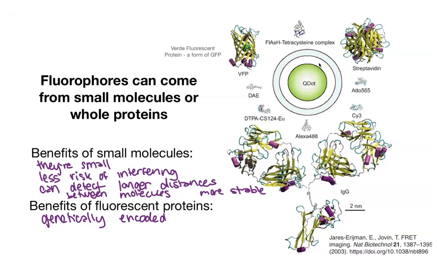We'll look at some examples later in which they genetically encode sequences that can then be modified to conjugate a fluorophore onto those sequences. But that's not done inside of cells. That's if you're working more in vitro. Whereas if we do this inside of cells, now we're able to monitor what's going on inside of cells and even maybe inside of organisms. So that genetic encoding of those fluorescent proteins is really going to be a huge benefit.